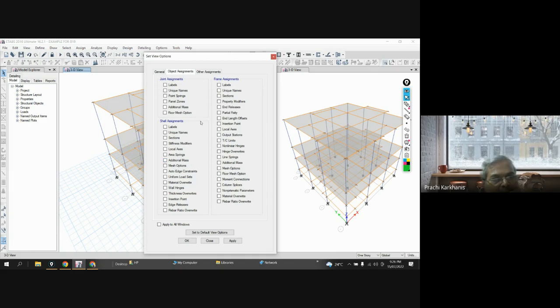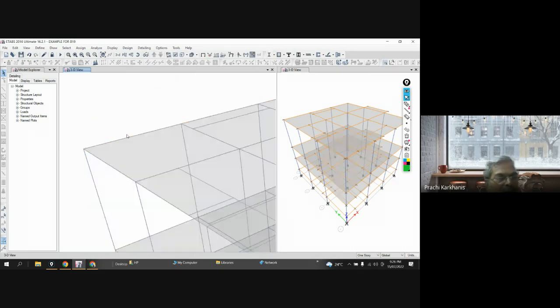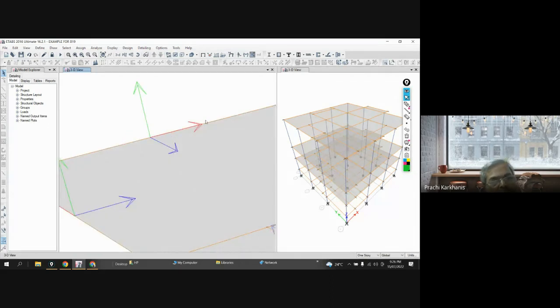So this is for shell assignment, and this is for frame assignment. Let us go for local axis for frame assignment, and apply and close. You can see this is red. Red is your one axis, green is your two axis, and blue is your three axis.